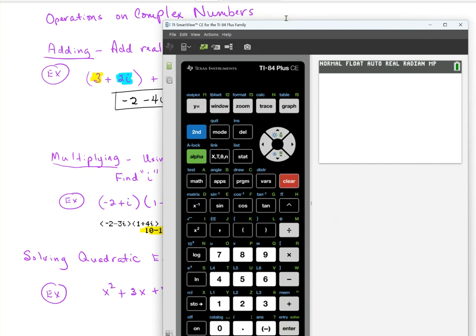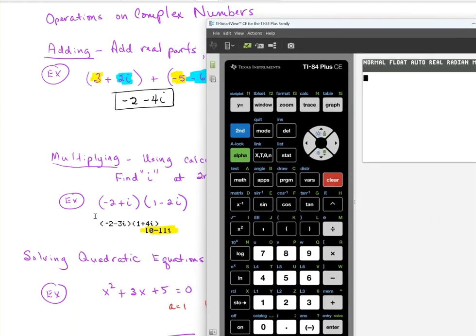So if I wanted to do this problem, and this one here is different than this one here, let's just do this one so that we see. I want to put parentheses. So parentheses, -2 minus 3.